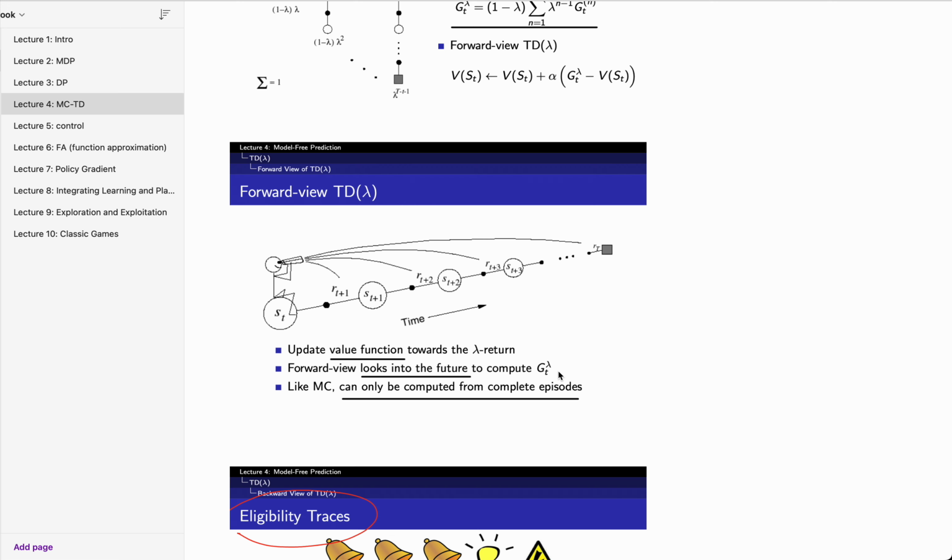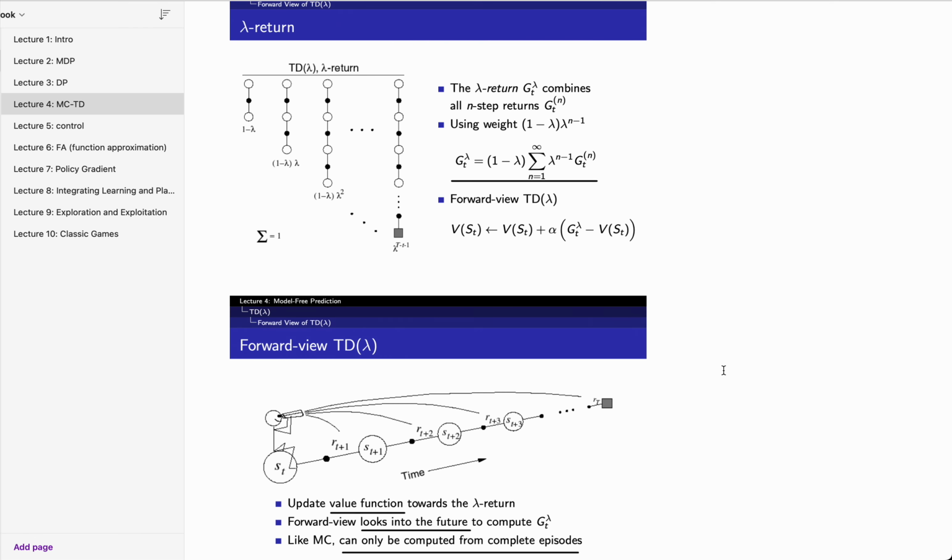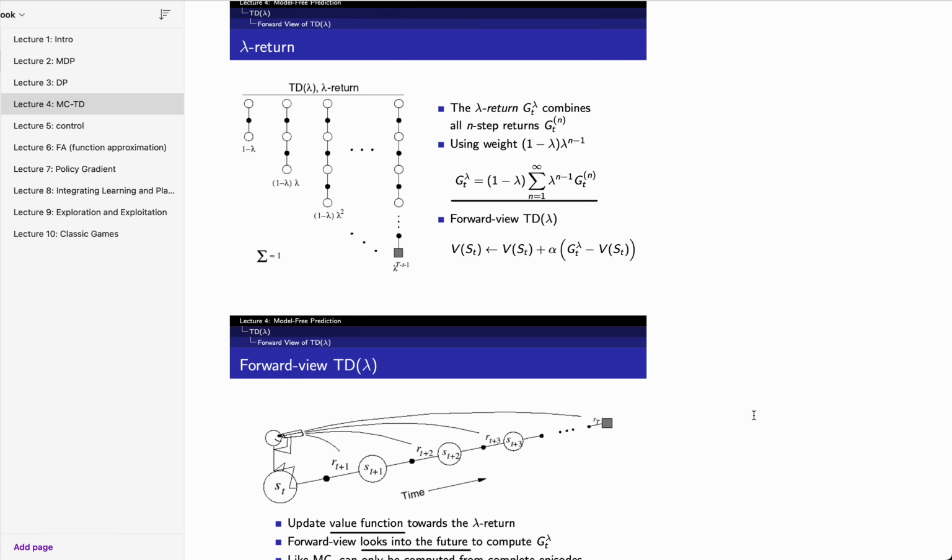It looks into the future to compute GT lambda. Like MC, it can only be computed from complete episodes. Yeah, because I need to keep moving in one of the episodes until the terminal states. This is called forward view TD lambda.